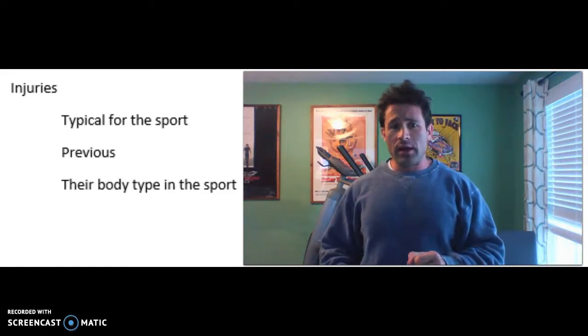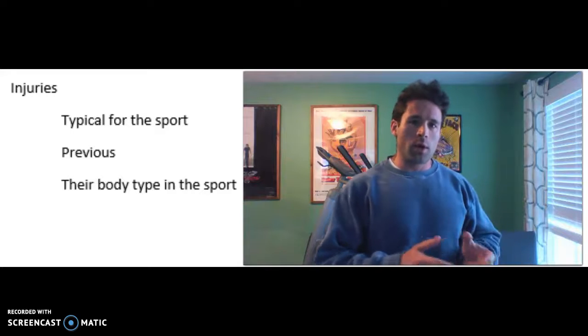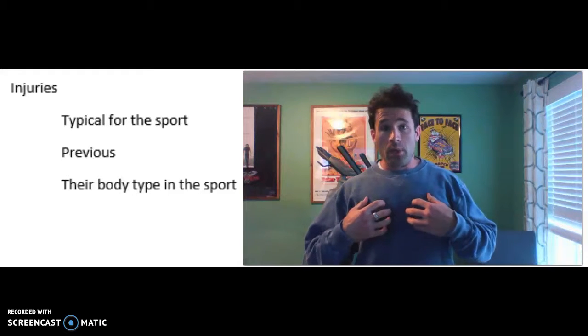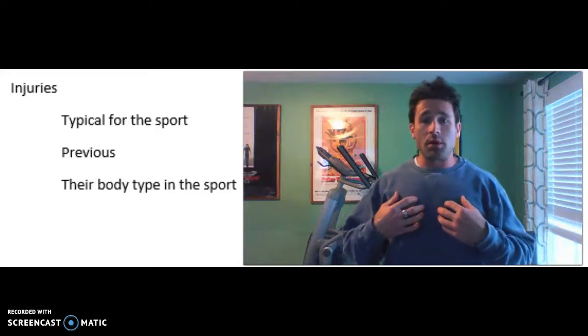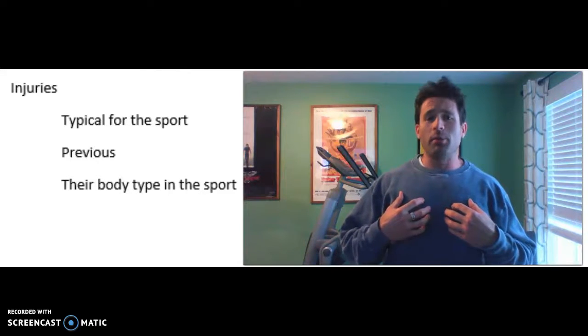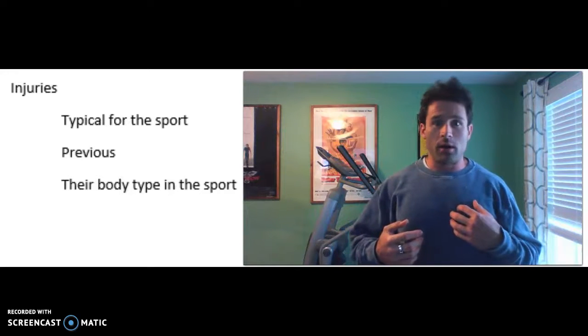And then finally, think about how their body type would tend to work in their given sport. And this is something that I was at fault with for many, many years, because it turns out I am barely 5'10" on a good day, probably a little over 5'10" since my hair is super spiky during the pandemic and I haven't gotten a haircut.